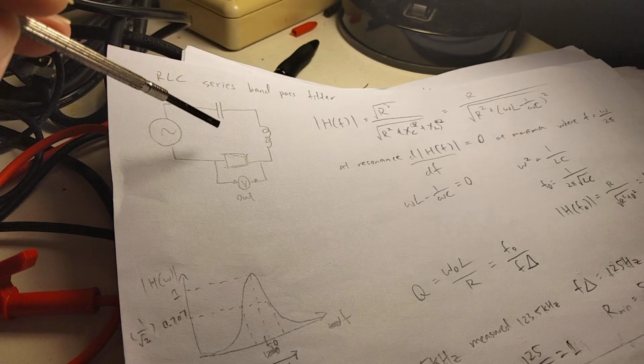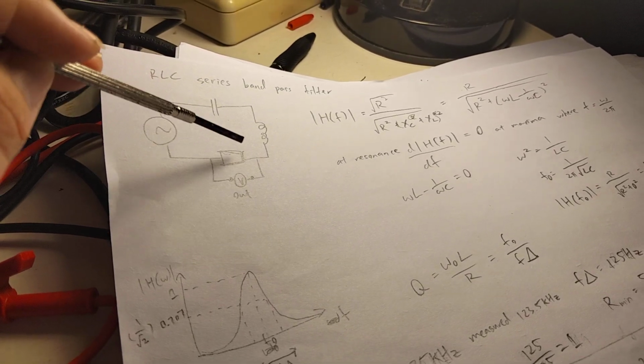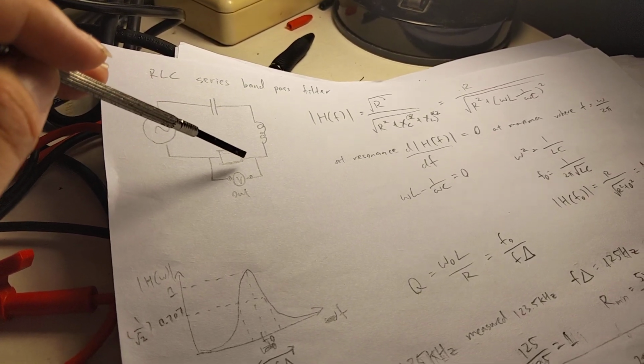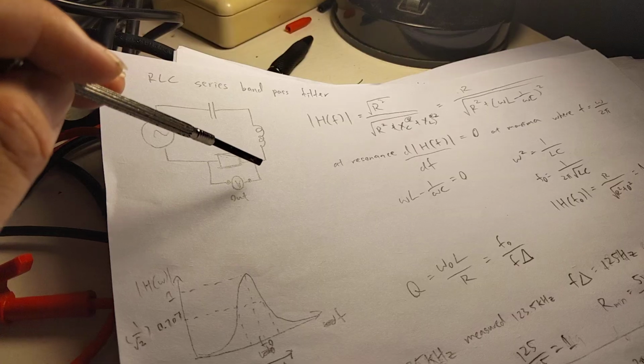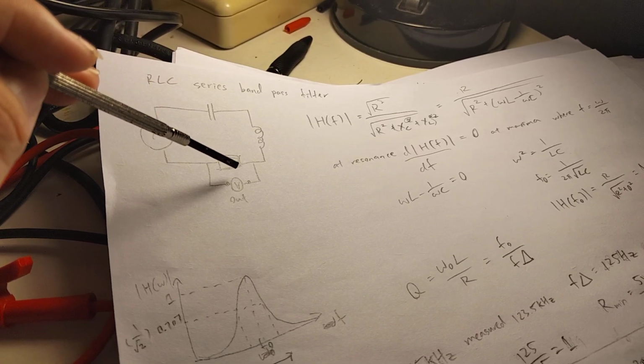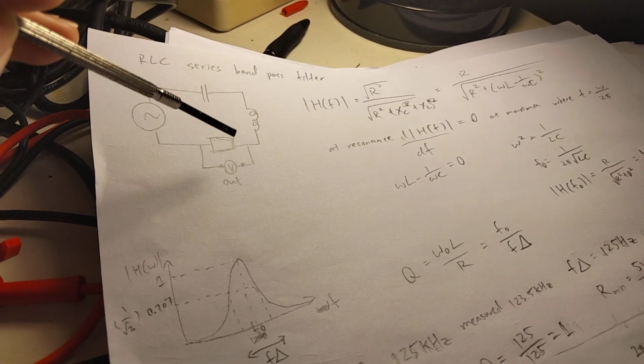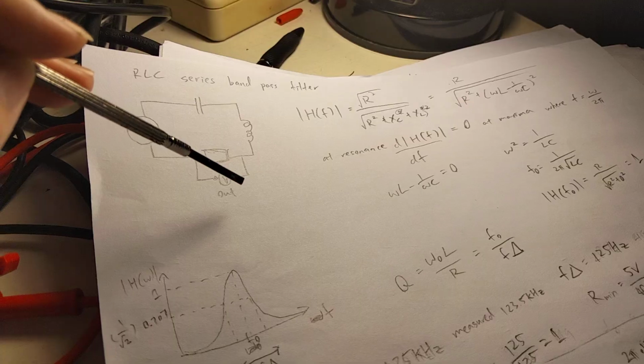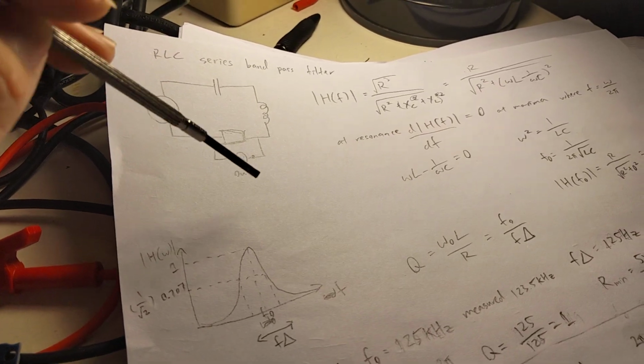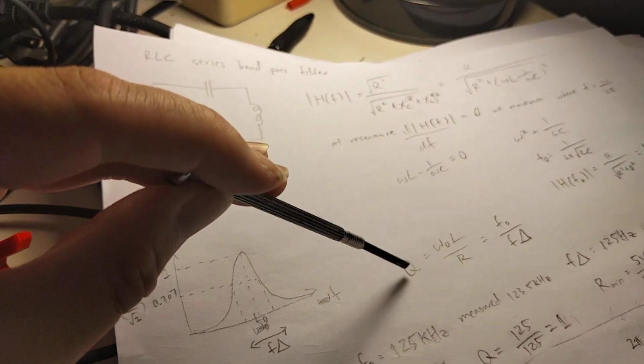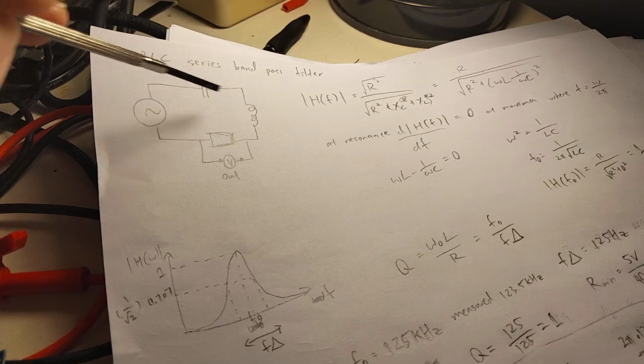It's like, why is it that when I increase the resistance of this circuit, it ends up allowing more current through, more voltage through at different frequencies? And the reason is that this is actually a voltage divider.